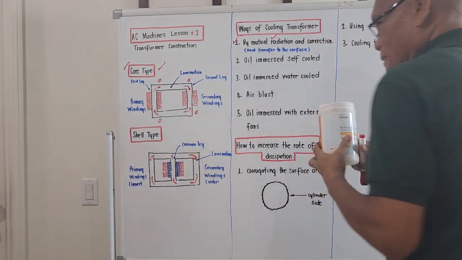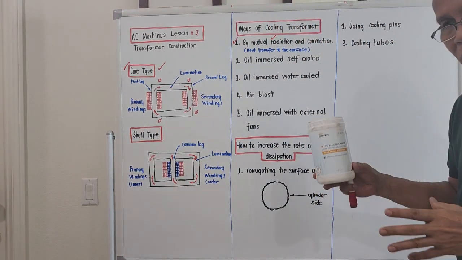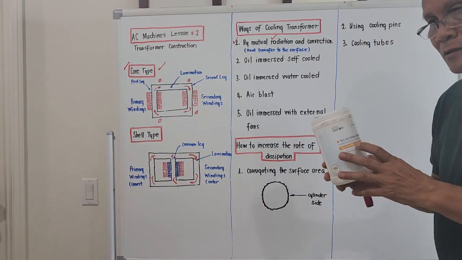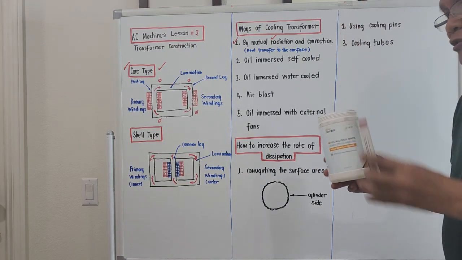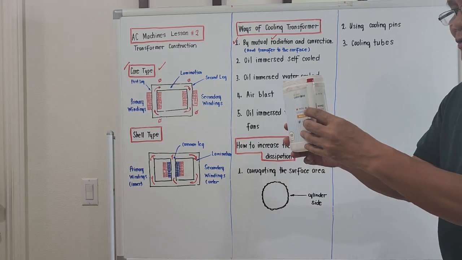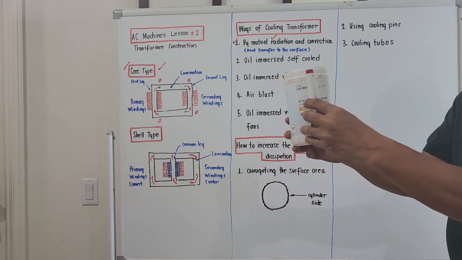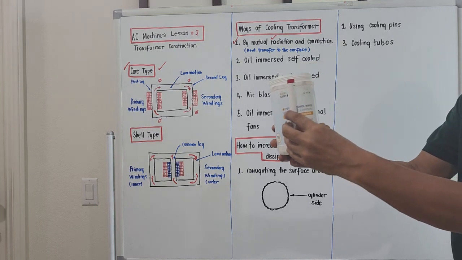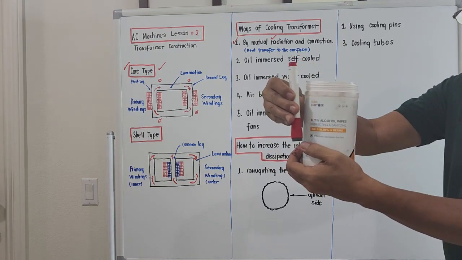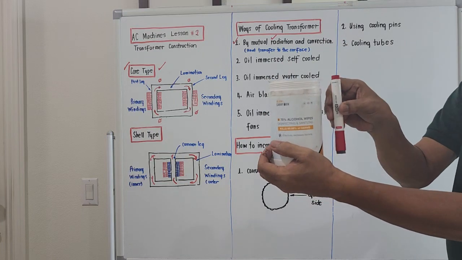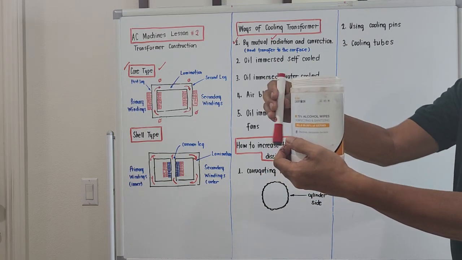If you have seen a transformer casing, it is actually cylindrical. If you have seen transformers hanging on the pole, sometimes you see something like tubing around the transformer that goes around. There are so many, maybe more than 12. It's constructed like that.